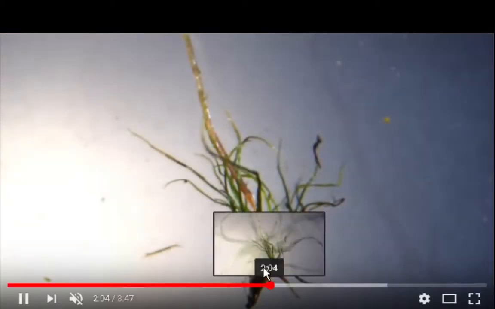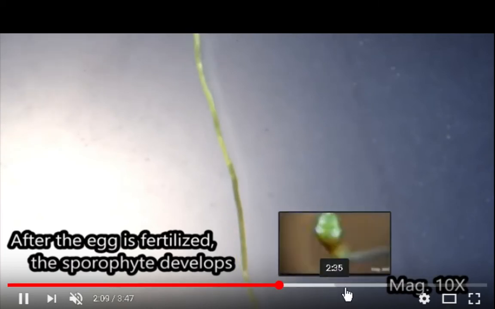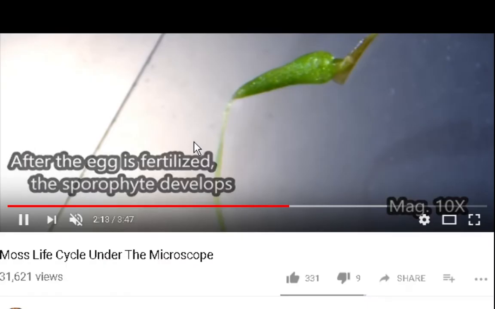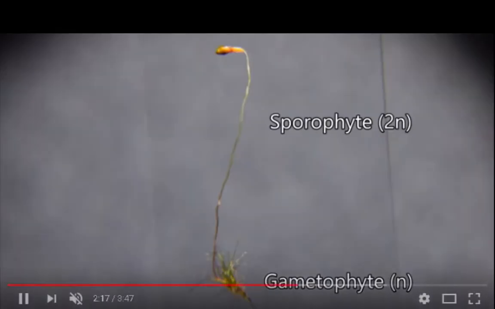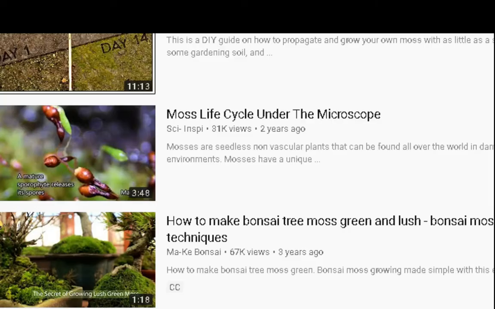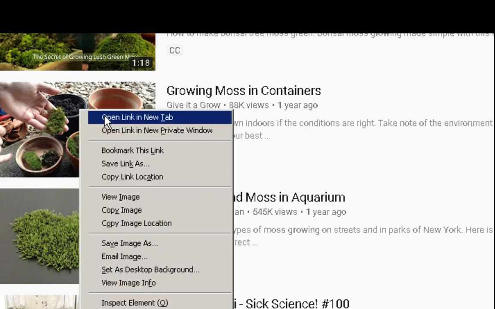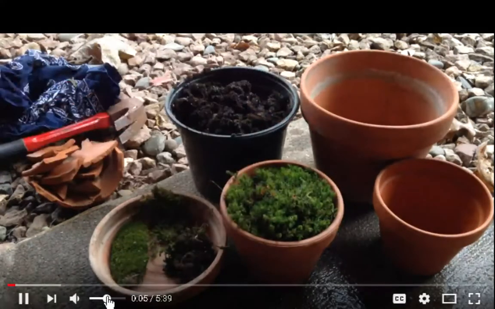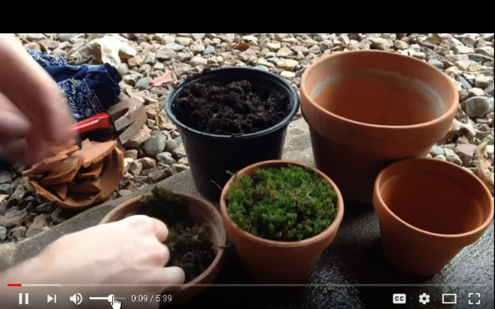So I guess that's pretty much it, I think. Collecting and using moss. Growing moss in containers, I think. Plant out some moss. It's not a typical plant, and they don't have roots like a typical plant.